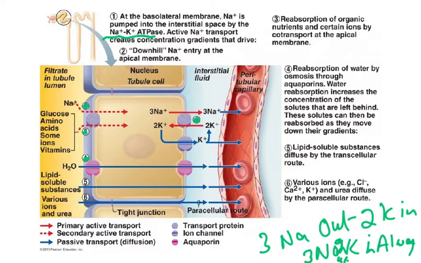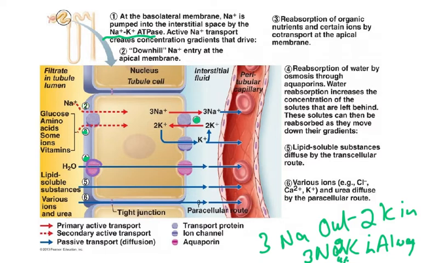Aquaporins are these special channel proteins, beautiful pink colored ones, which are especially for water. So with aquaporins, water is reabsorbed, and then of course the solutes left behind can be reabsorbed as they move down their gradients. Then number 5 is the lipid soluble substances diffused by the transcellular route, and number 6 is the various ions, chloride, sodium, calcium, and urea diffused by the paracellular route.